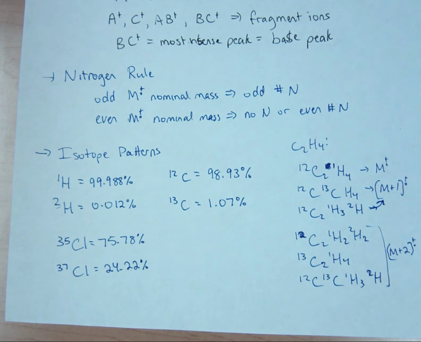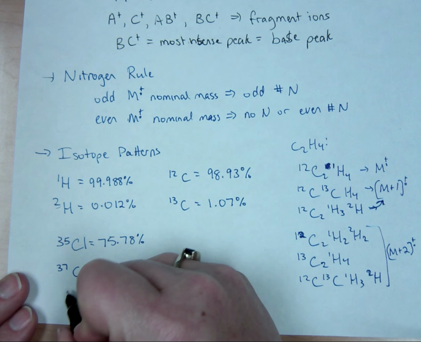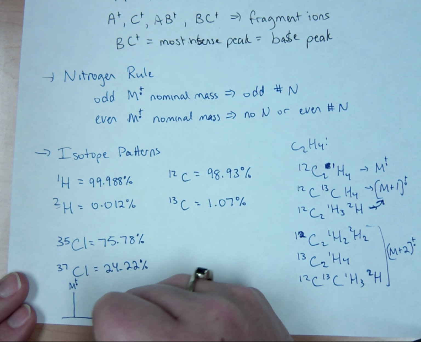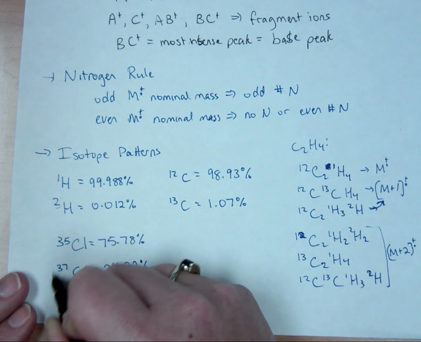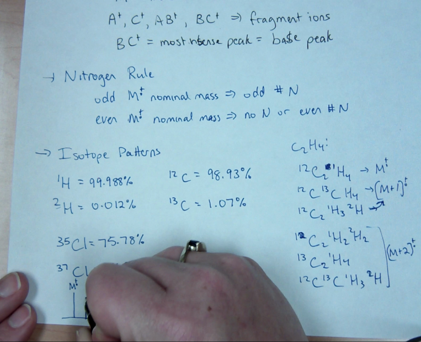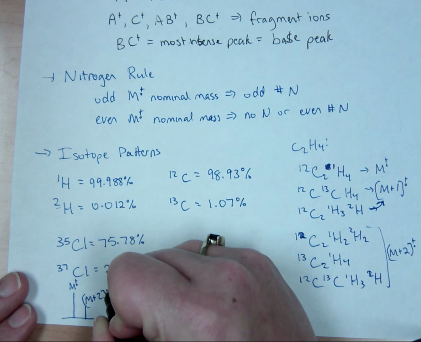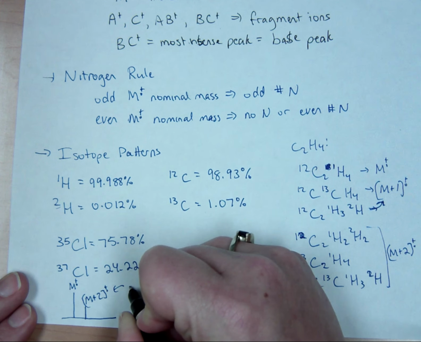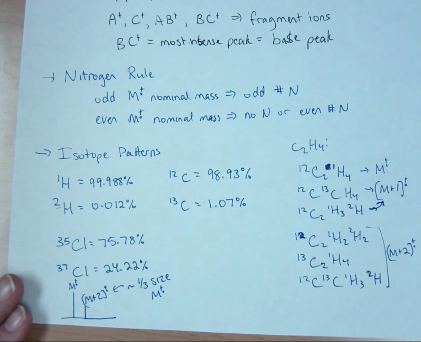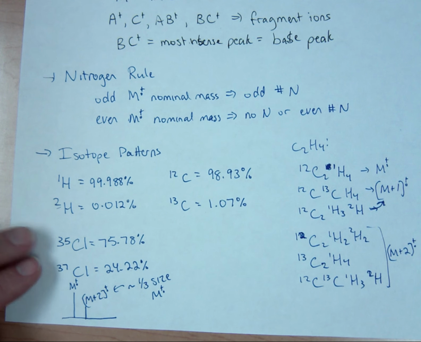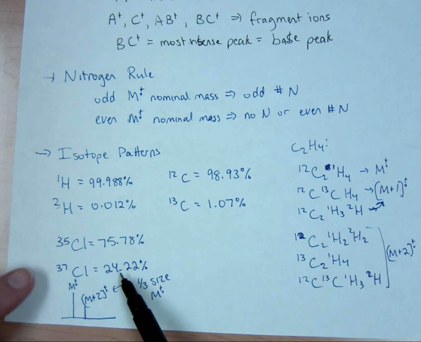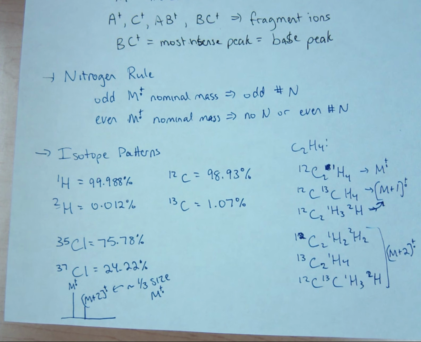What that means when we look at our molecular ion to our M plus 2, because this is a plus 2, is that our M plus 2 is going to be about 1/3 the size of our molecular ion. And that's due to this ratio where we have 3 to 1, so it's kind of a 1/3 size.